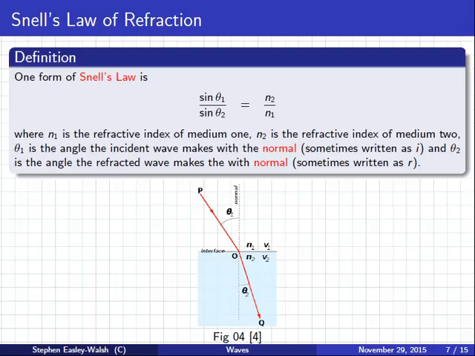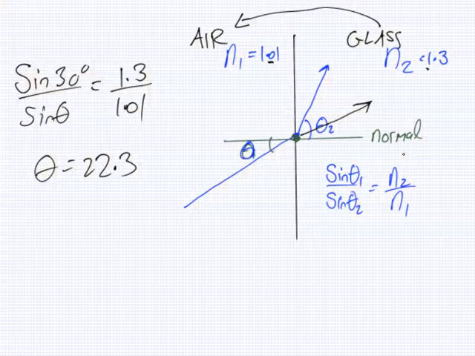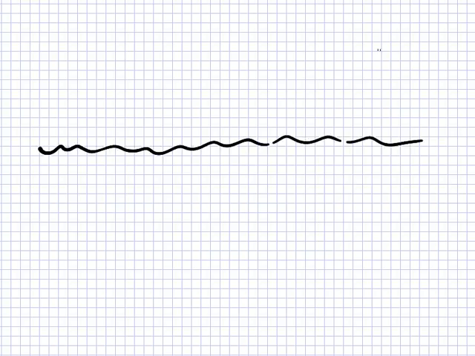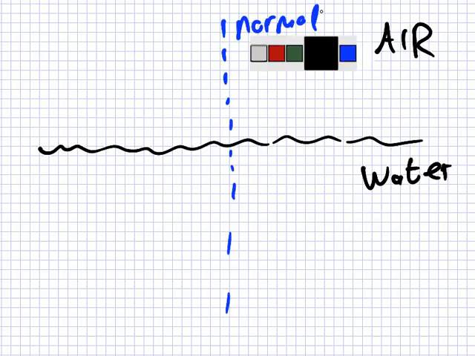All right, continue. Now, it is possible to have an angle for theta 1 so that theta 2 is 90. Let's draw it like this. Let's imagine that this here is air, and this is water, and this line here is the normal, and the light comes from the water.